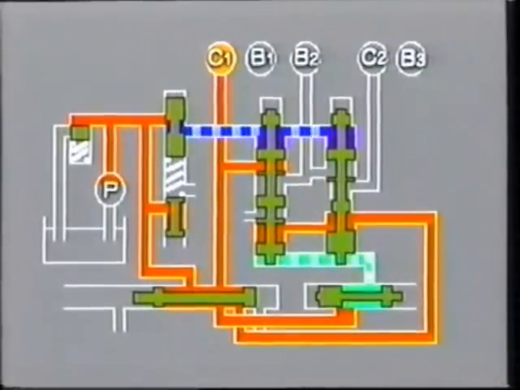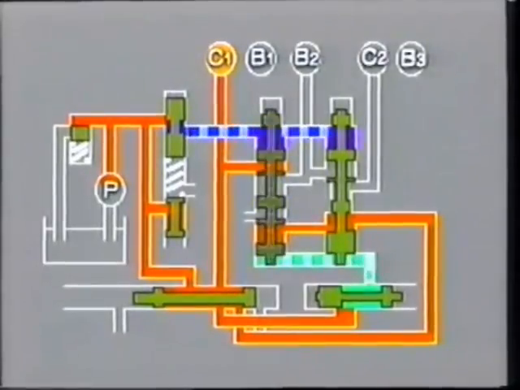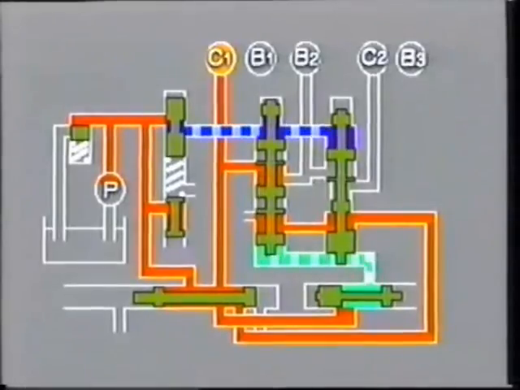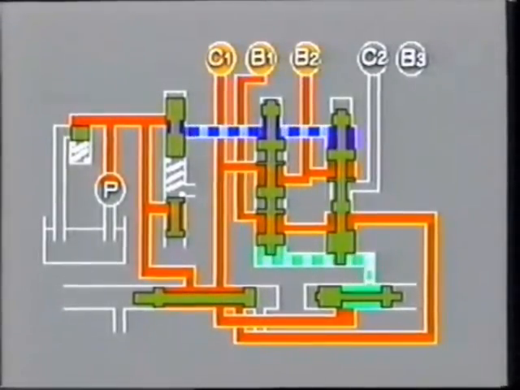When the governor pressure increases, the 1-2 shift valve is pushed up, opening passages to brake B1 and B2, and the transmission upshifts into second gear. In 2 range, the transmission cannot upshift into third gear even if the speed of the vehicle increases, because the manual valve is allowing the line pressure to act on the middle of the 2-3 shift valve.